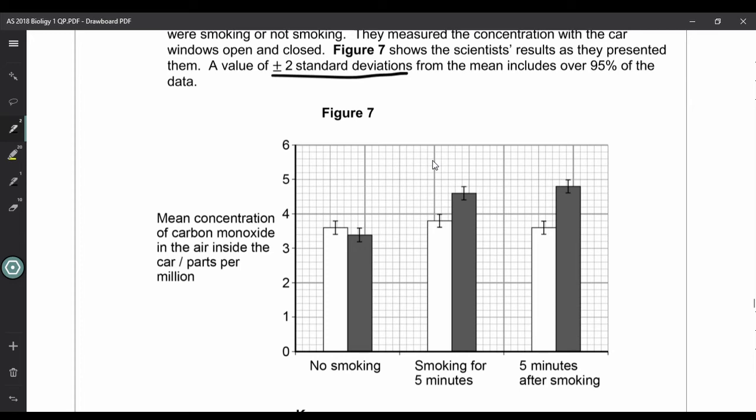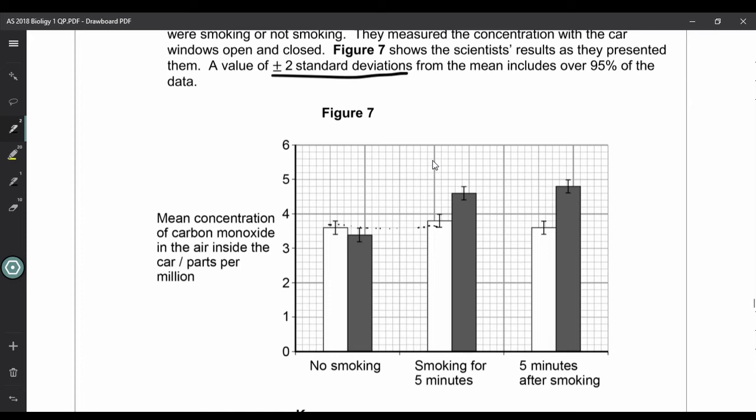So for example, if we look at these data here and these data here, there is a difference, but because there's an overlap of the 2 SD, so we can see that that gives us an overlap over here, we can't say that this difference is significant.